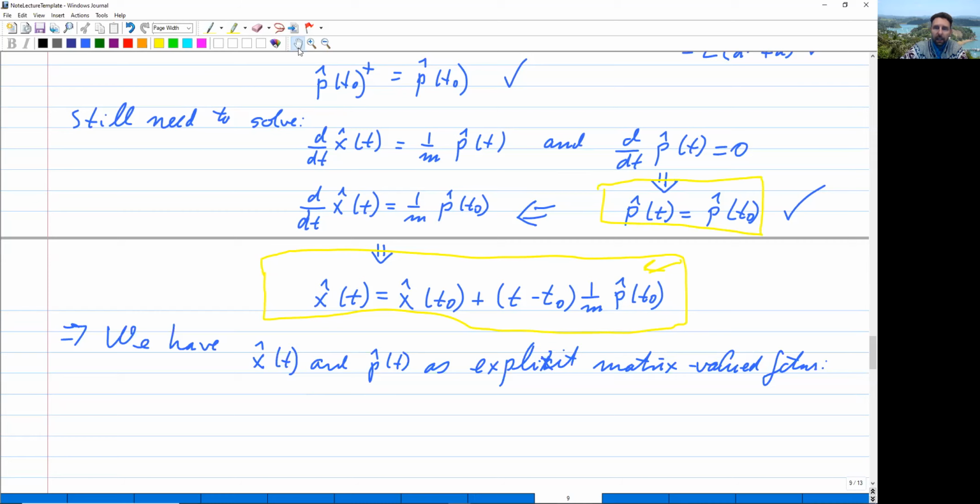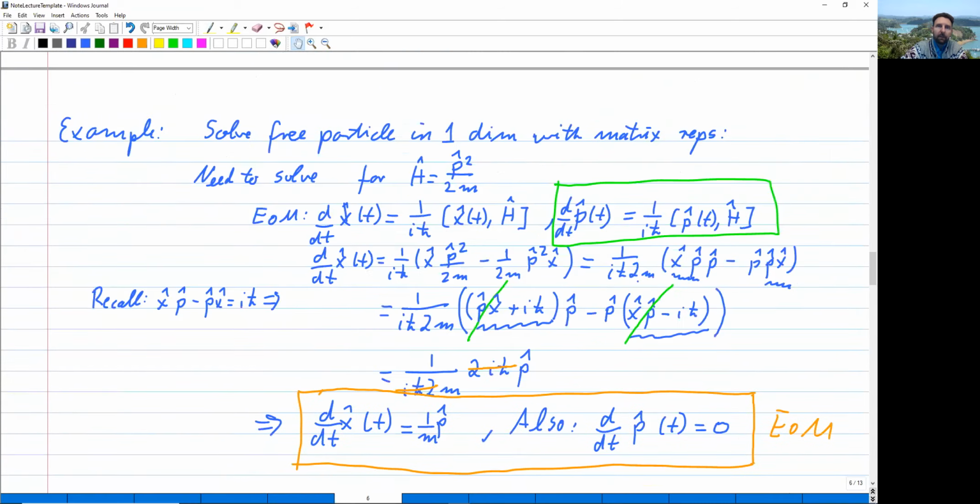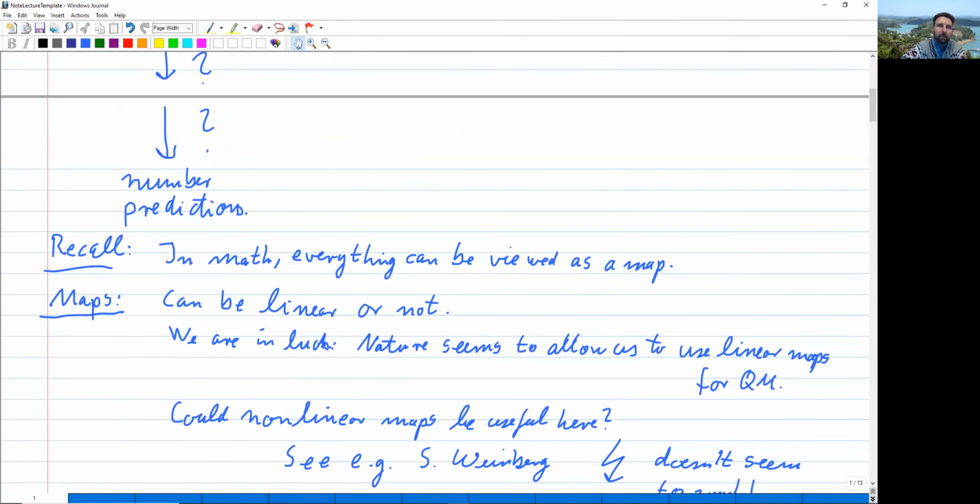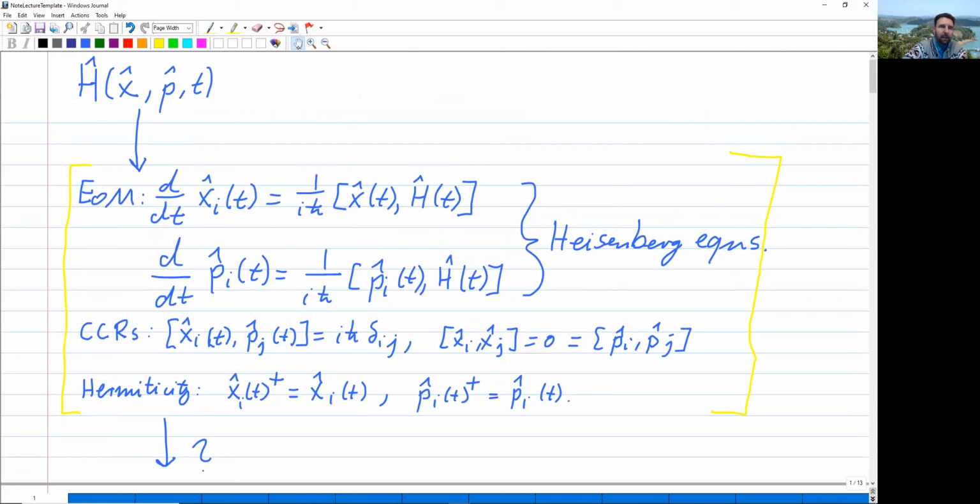These two equations in the yellow boxes are the following. If we go back to the very beginning of today, on the top level of abstraction we had the Hamiltonian, right? And then the next level of abstraction is this one, where we have this set of differential equations, the canonical commutation relations, and the hermiticity condition.